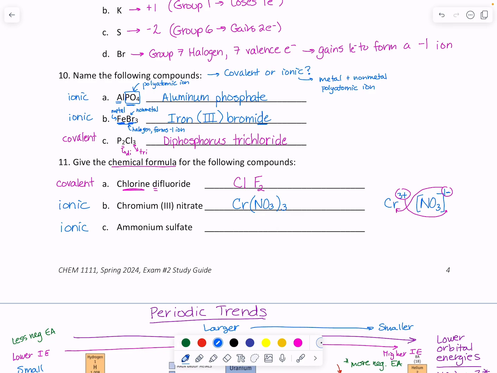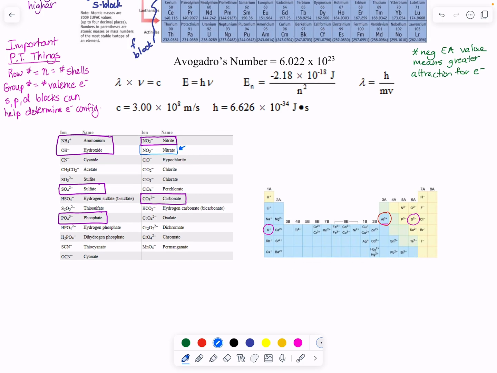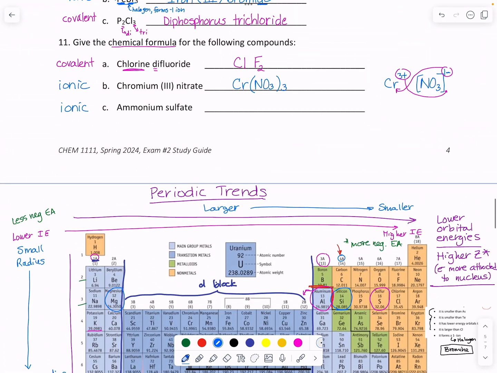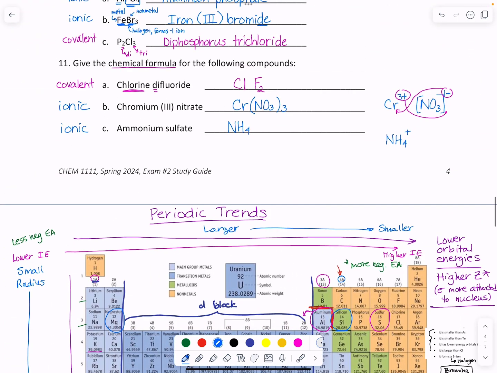All right, and then ammonium sulfate is made up of, again, 2 of the ions that we want you to remember, ammonium and sulfate. Sulfate has a -2 charge, and ammonium has a +1 charge. So we've got NH4, which has a +1 charge, and our sulfate, SO4, has a 2- charge.